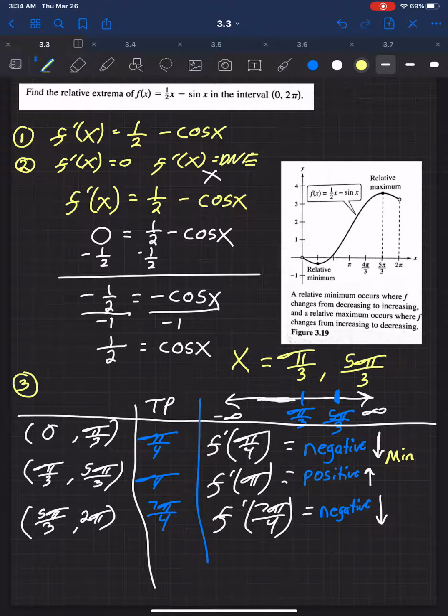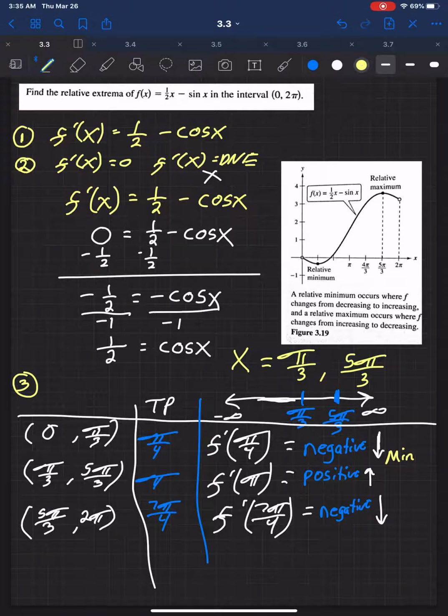Likewise, you were walking uphill, you were increasing the whole way, all the way till you got to 5 pi over 3. And then what happened? Well, as soon as you got to 5 pi over 3, you start to walk downhill, you start to decrease. So you went from increasing to decreasing.